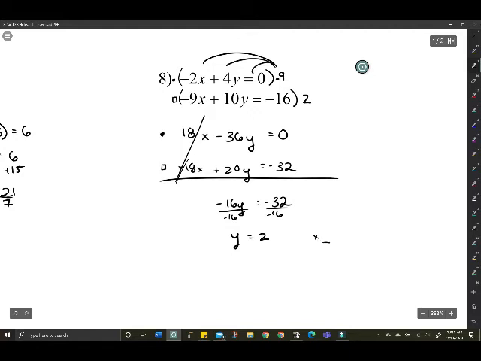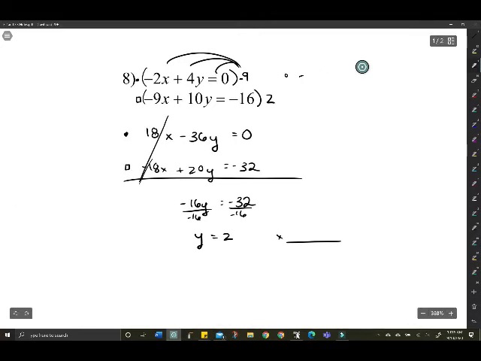Plug it in, got to find x. Use the first equation. Negative 2x plus 4 times 2 equals 0. Subtracting 8 to the other side, and then dividing.